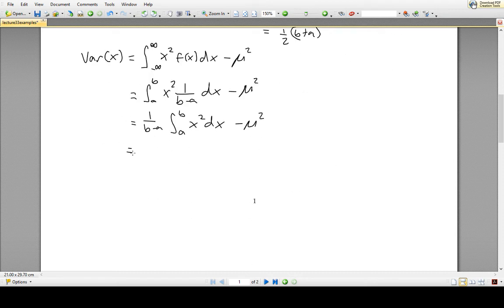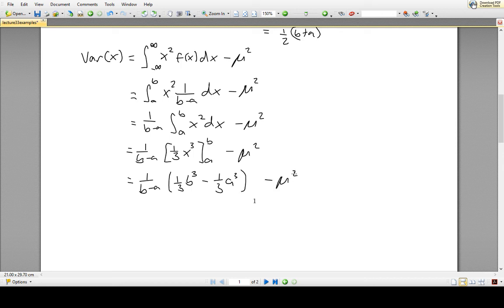The antiderivative of x squared is 1/3 x cubed, and I'm going to substitute in a and b, and then subtract off mu squared. So this becomes 1 over b minus a times 1/3 b cubed minus 1/3 a cubed, and we should subtract off the mean.